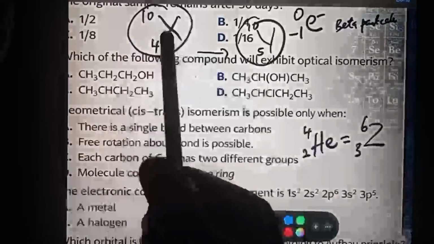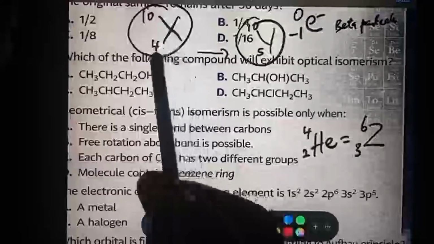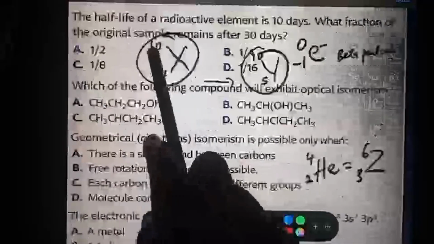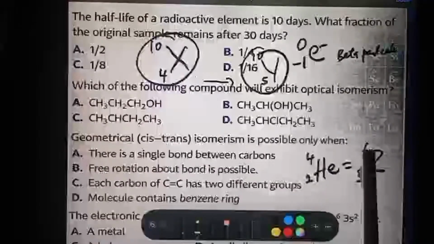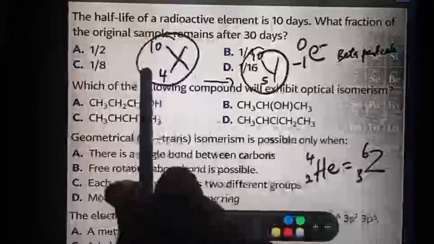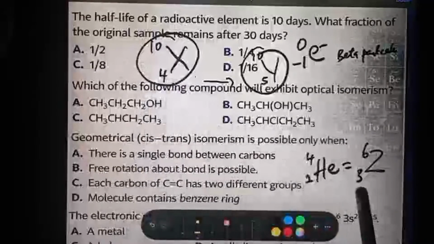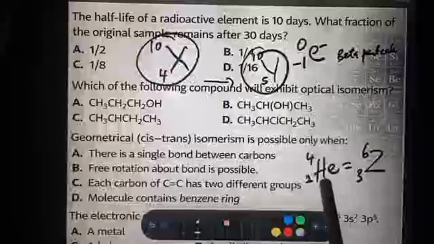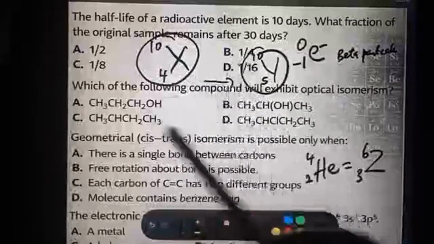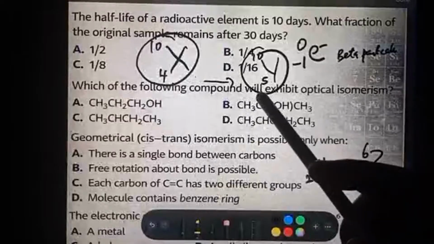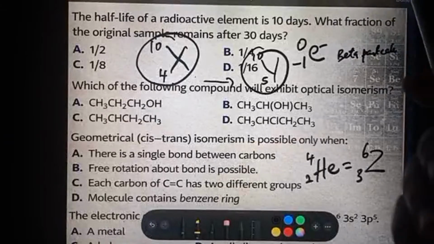It means when it emits, the mass number decreases by 4, while the atomic number increases only by 1. Why? Because it will increase by 1 and then remove 2. At the end, minus 1 plus 2, it's still plus 1.